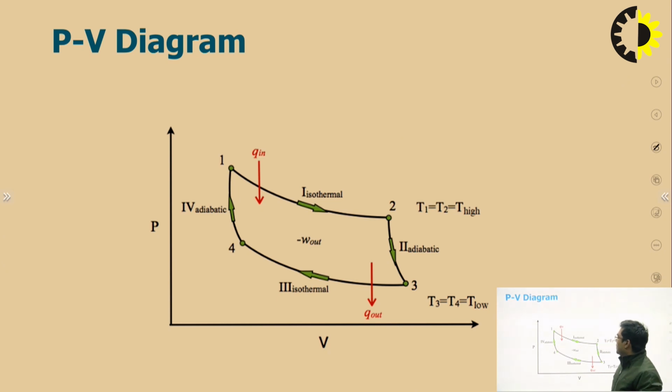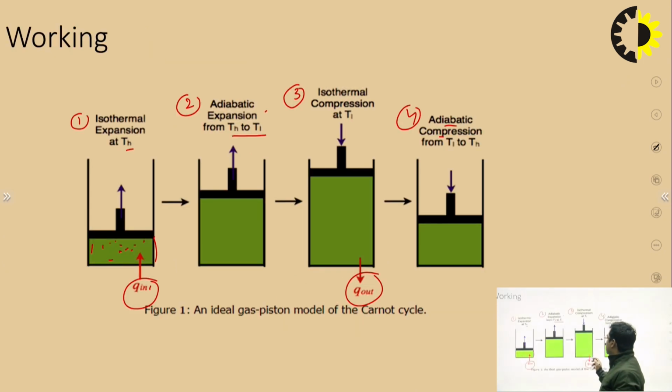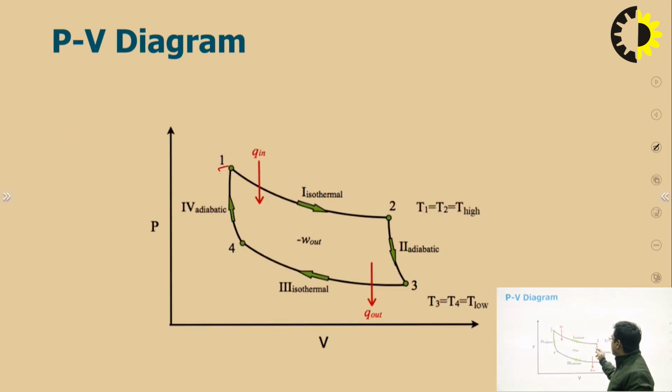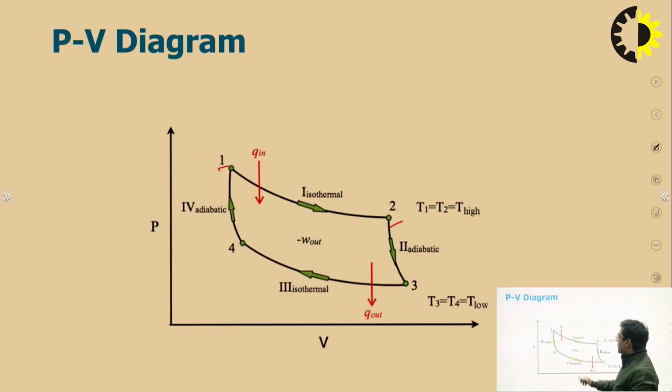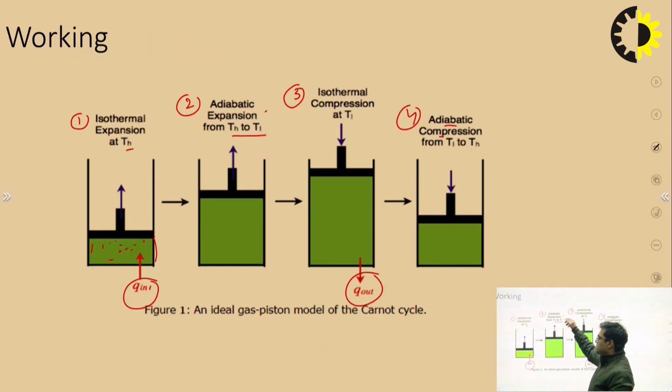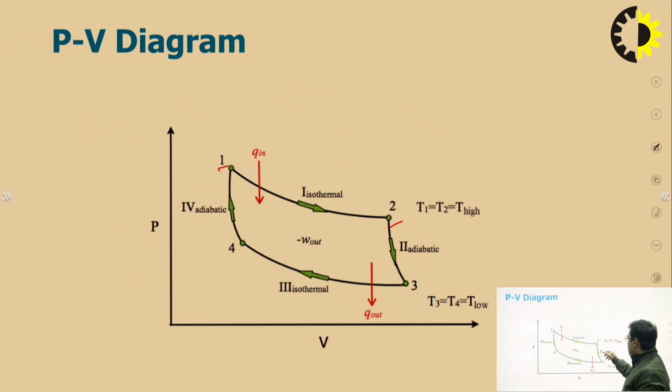In the PV diagram, in process 1 to 2, heat is input to the system, the pressure will decrease and the volume will increase. In process 2 to 3, the volume of the gas will again expand, but the pressure will decrease from this level to this level.